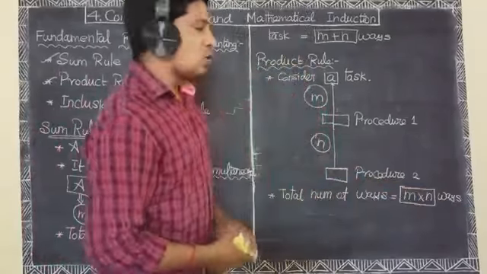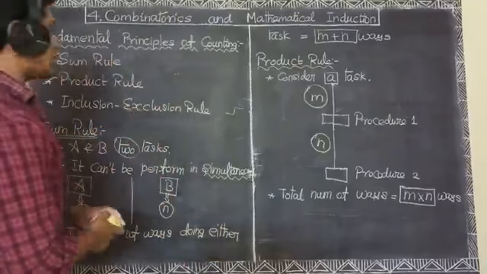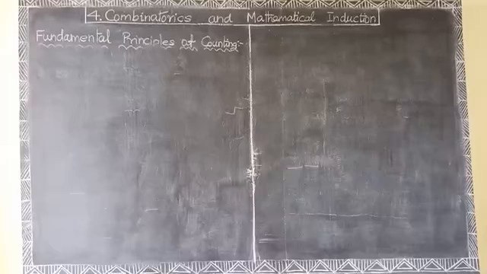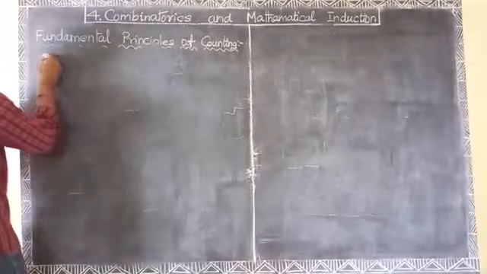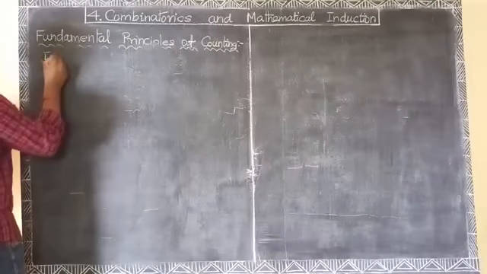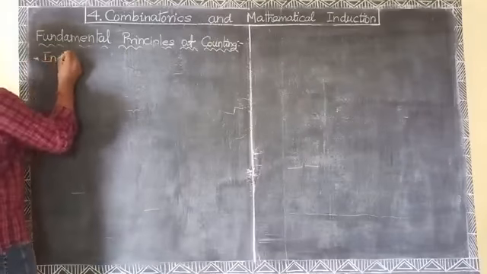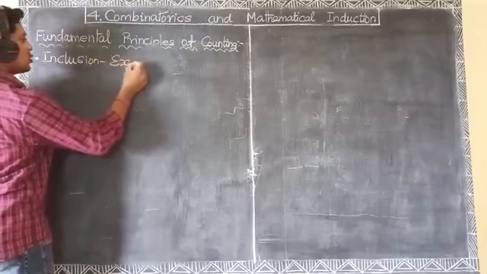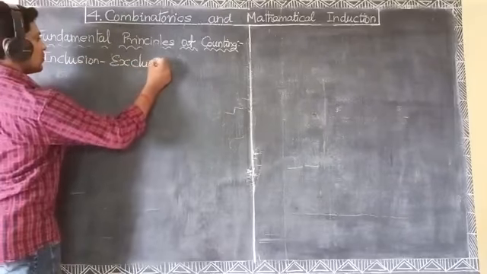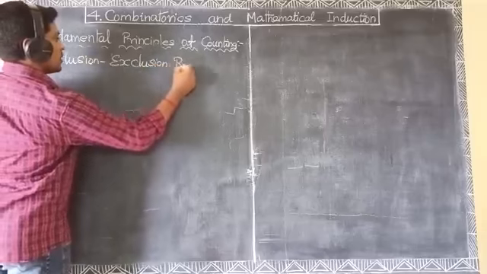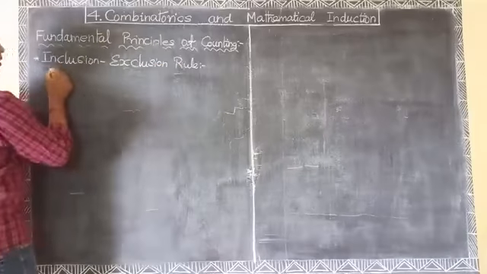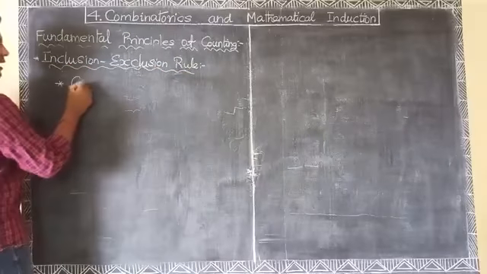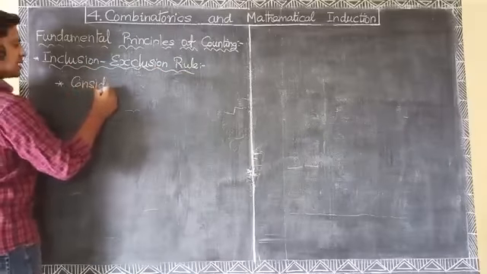Okay, next go to the third one, the inclusion exclusion rule. Consider A and B are two tasks.